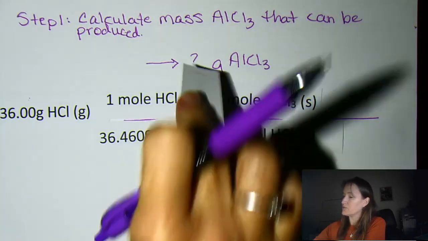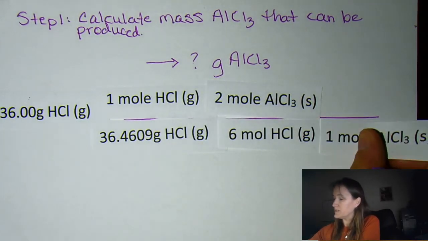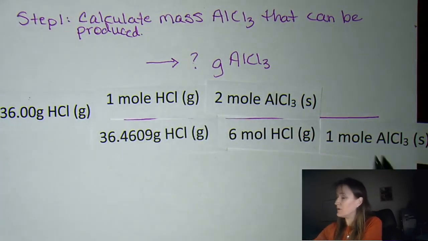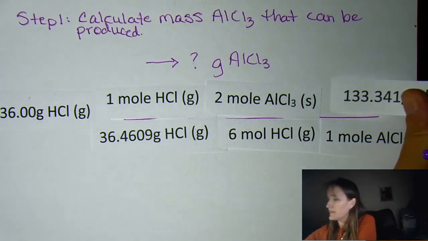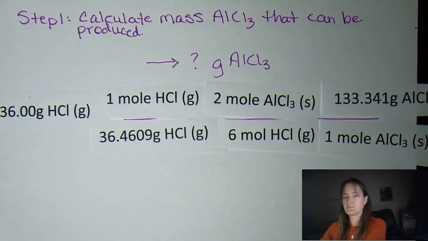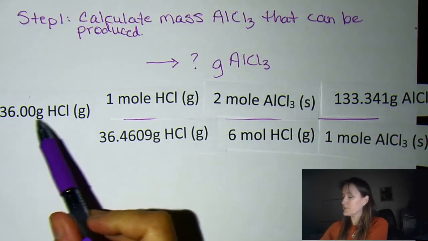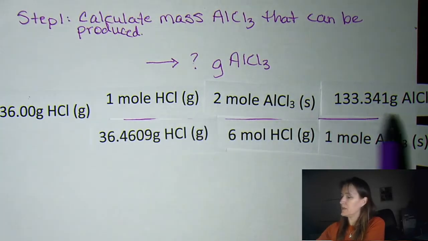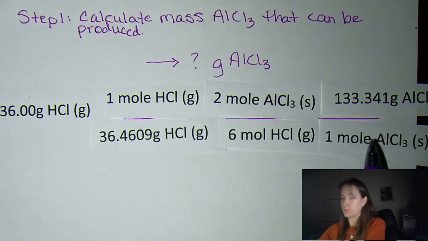Then we need grams of AlCl3. So we want to cancel our moles of AlCl3 and get grams of AlCl3. So our units are going to cancel as we multiply across the top and divide by all the numbers that are on the bottom.